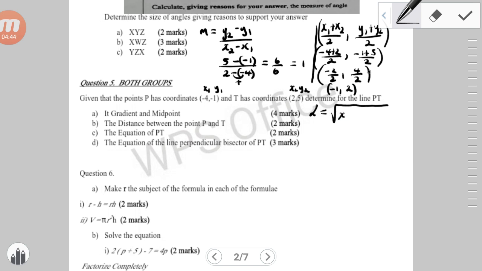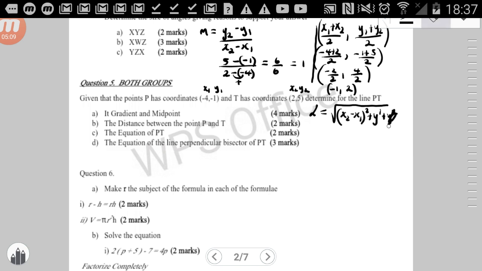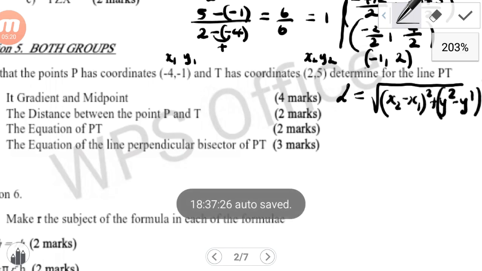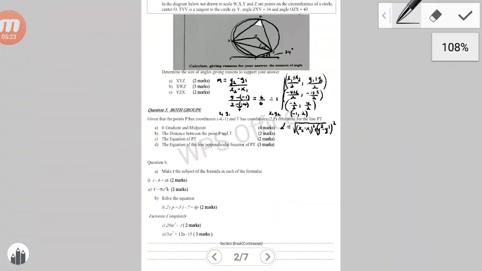So that is x1 plus x2 squared, or no, pardon me, it is x2 minus x1 squared plus y2 minus y1, all squared. I get my formulas confused, guys. All right, so that's what we're working with here. It tends to get a little confusing for some students: where should I put the minus or the plus?